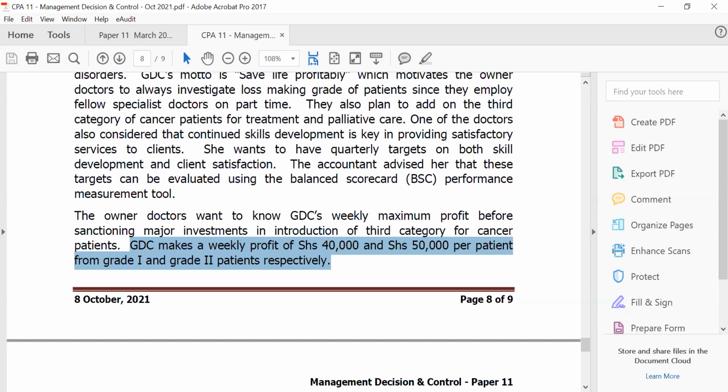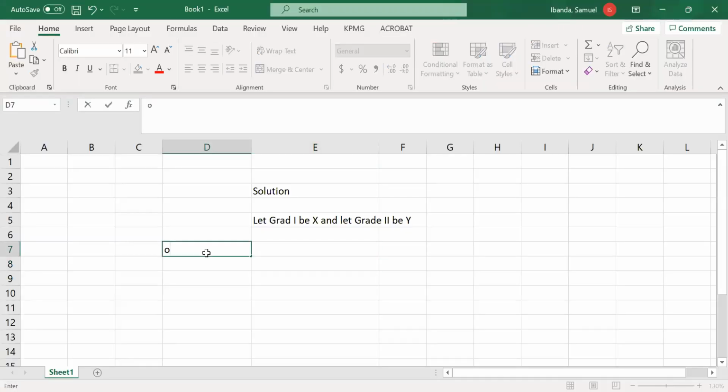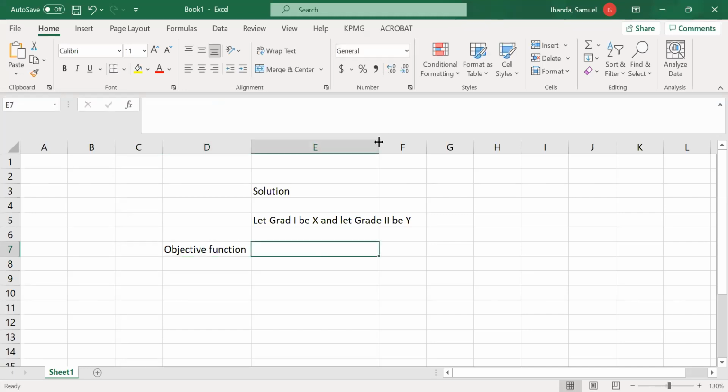So translating this into whatever I have, I'm going to come here. I'm going to say objective function, which I'm trying to write. So I'm going to use the analogy of what I've written there.